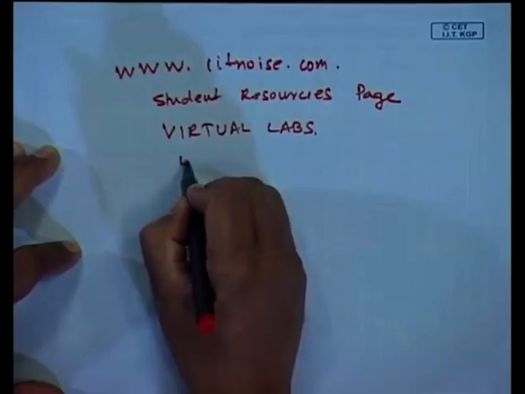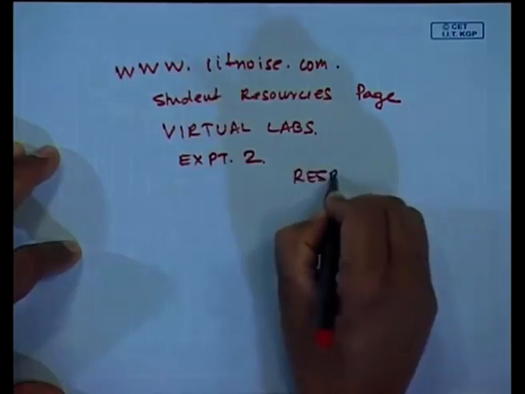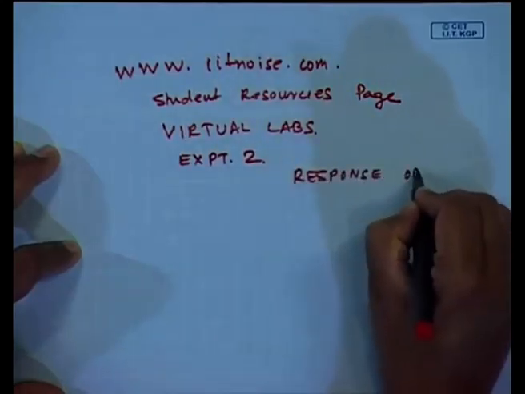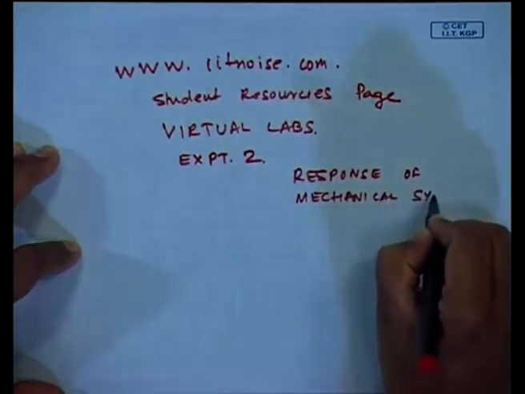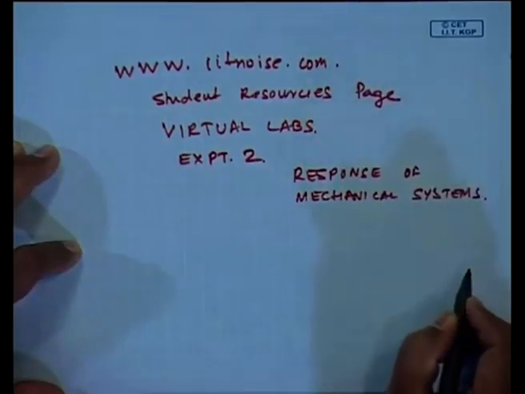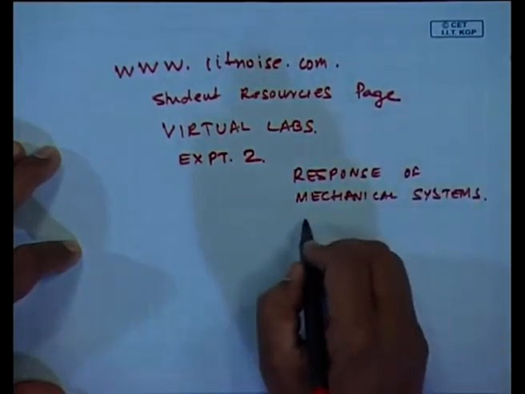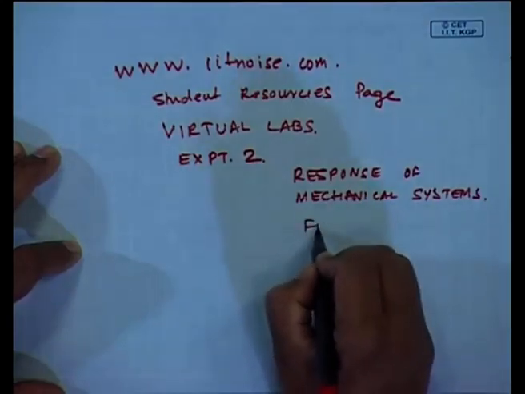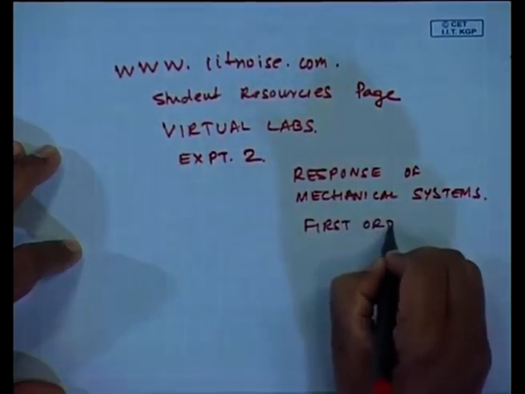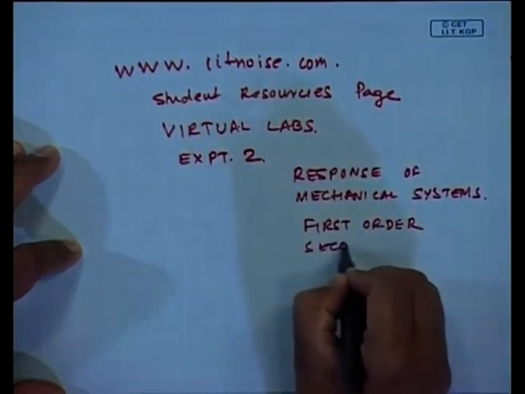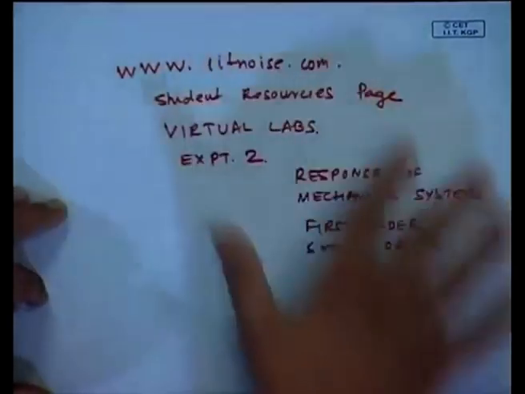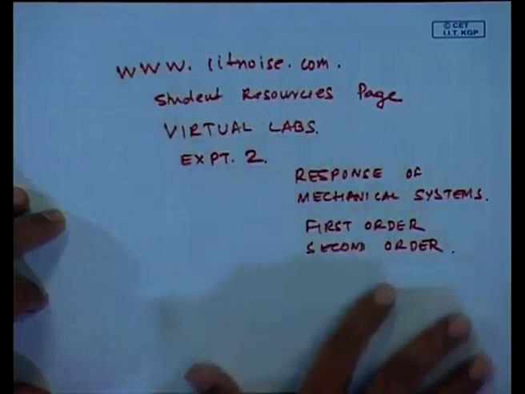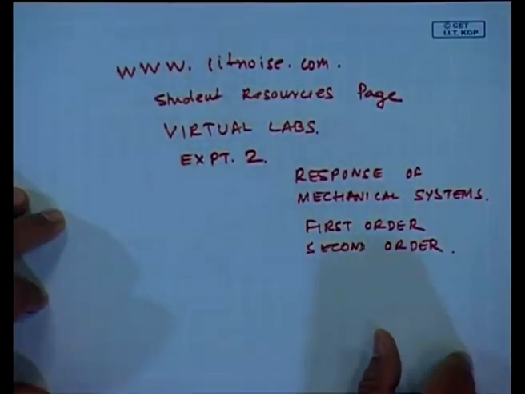If you go to experiment number 2 in these virtual labs, that is the response of mechanical systems, you can have an understanding of the response of first order and second order systems. So, you all can go to this place and, for your self study, look into this website. Okay.